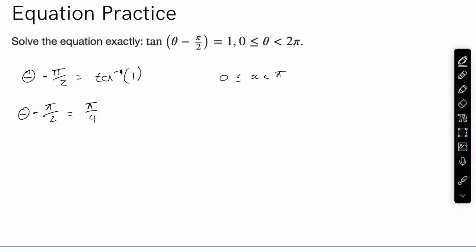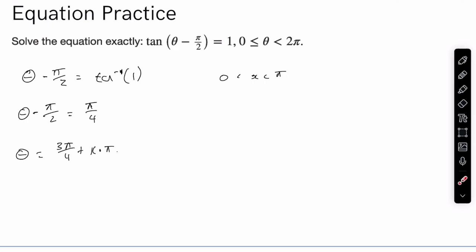And so with that knowledge, we can say this: theta is going to equal 3 pi over 4 plus k times pi, because we're talking in terms of multiples of pi.